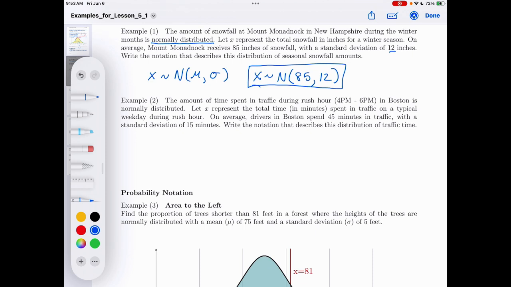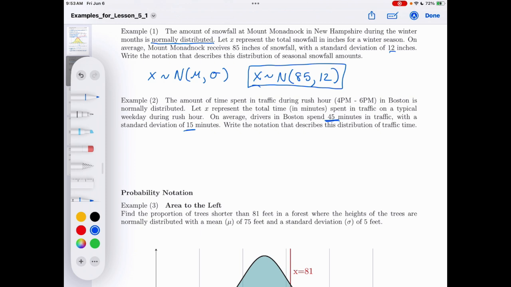Let's try one more. Example 2, the amount of time spent in traffic during rush hour from 4 to 6 in Boston is normally distributed. Let x represent the total time in minutes spent in traffic on a typical weekday during rush hour. On average, drivers in Boston spend 45 minutes in traffic with a standard deviation of 15 minutes.